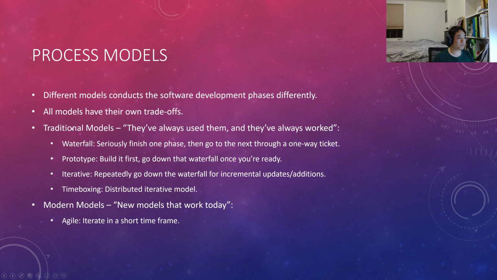There are many different kinds of models we work with today. We have some that are traditional and some that are modern, which are pretty much the newer ones that work in the present day.